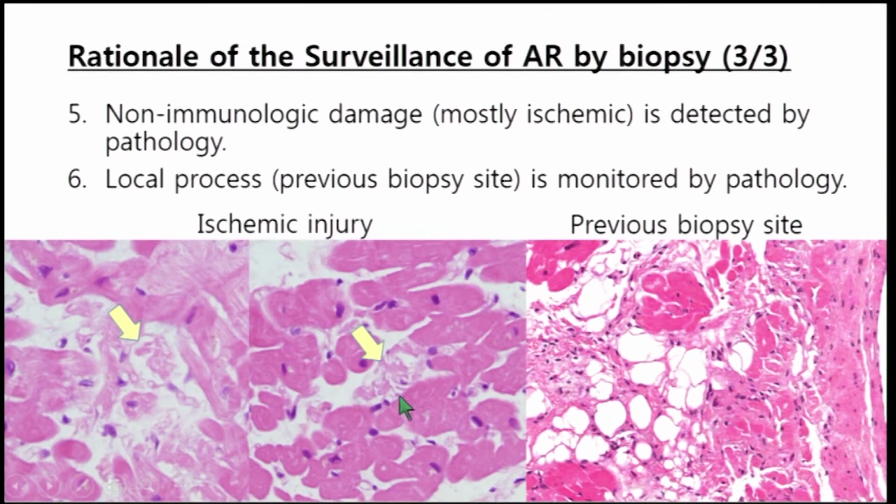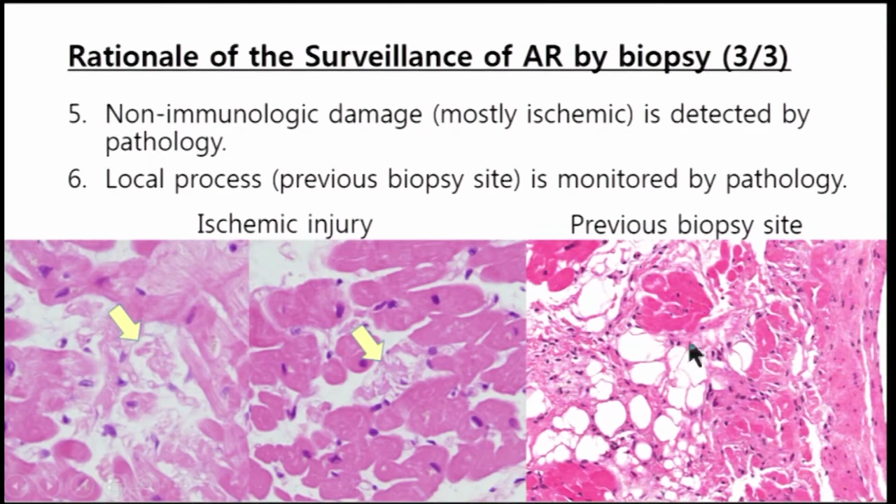I can interpret this as ischemic myocardium, but it is not associated with lymphocytic infiltration, clinical signs, and other pathologic hallmarks of acute cellular rejection. So it's just an ischemic injury, perioperative or previous, rather than recent ischemic injury.